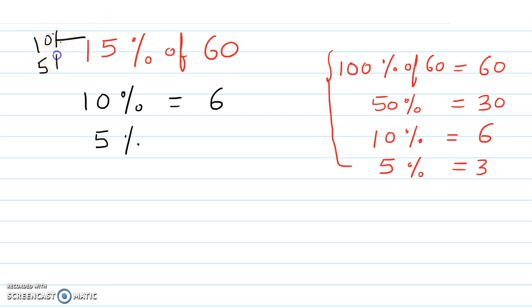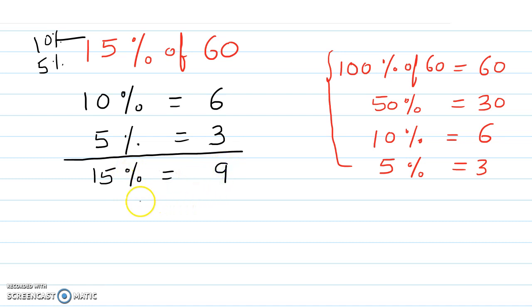So 10% plus 5% is 15%. We have calculated 10%. Now 5% will be half of this, that is 3. So if you add both sides, 10 plus 5 is 15%, and 6 plus 3 is 9. So 15% of 60 is 9.